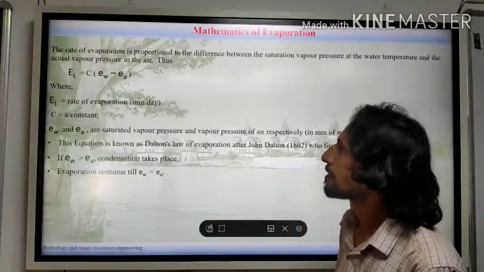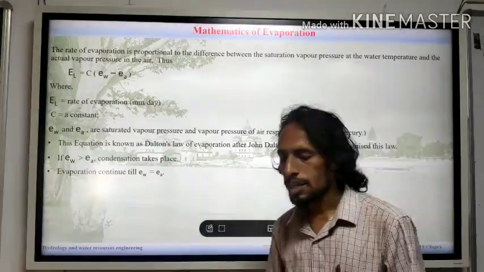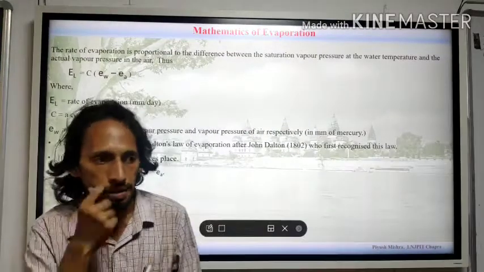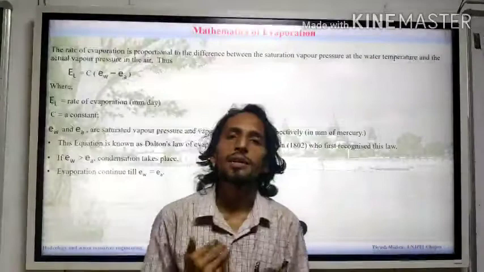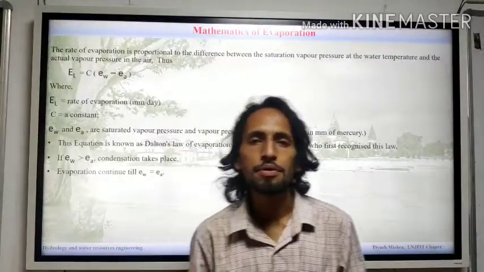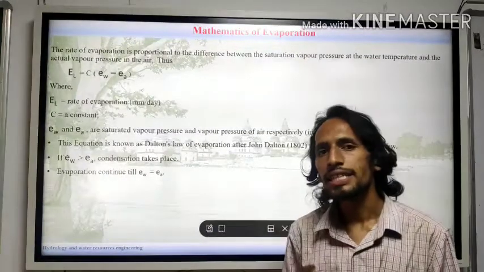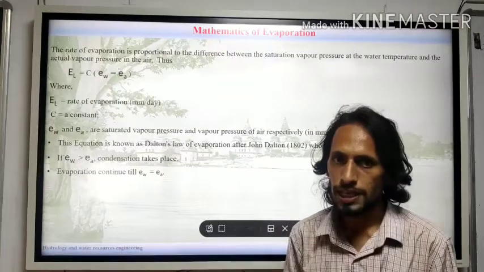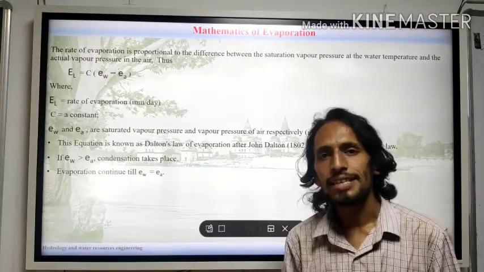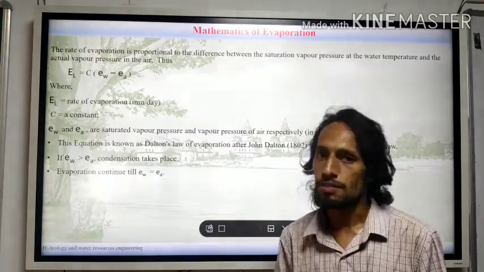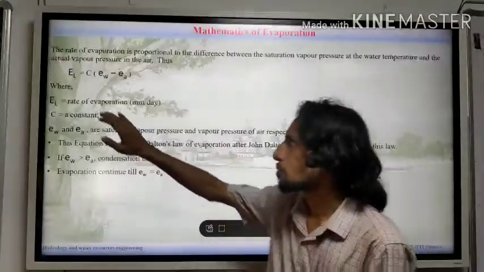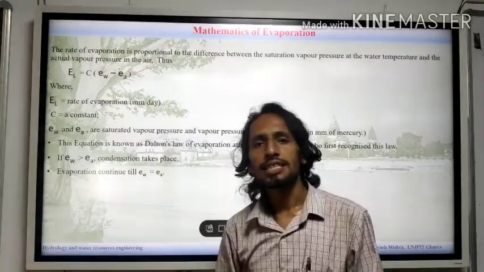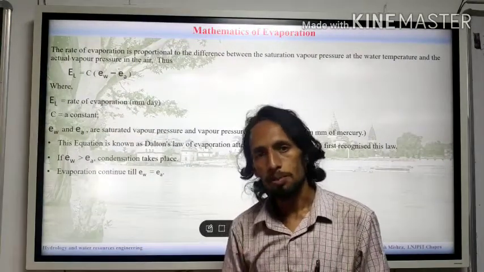Okay, so let's move ahead. Now let us say that there is some lake or some reservoir where you have to calculate the evaporation or rate of evaporation. For that we already have a formula, in which EL represents rate of evaporation.